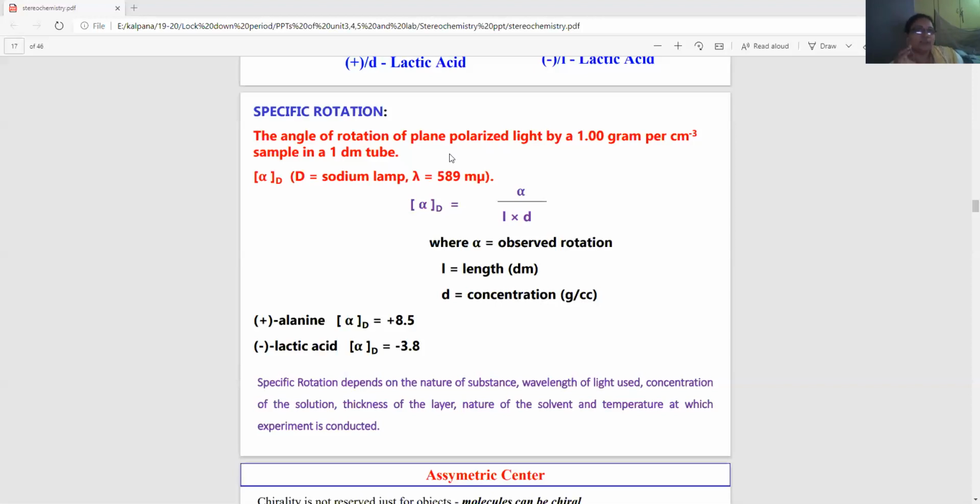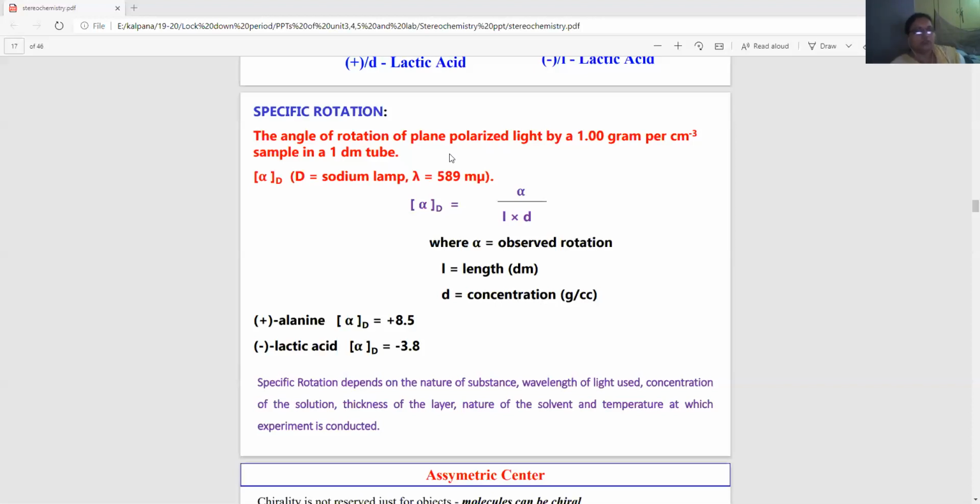So specific rotation depends on all these factors: nature of substance, wavelength of light used, concentration, length, that is thickness, nature of solvent, and temperature at which the experiment is conducted.